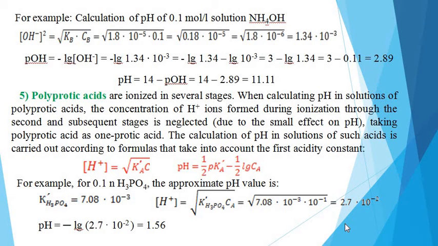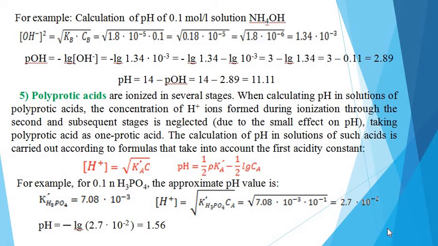Fifth, polyprotic acids are ionized in several stages. So when calculating pH in solutions of polyprotic acids, the concentration of hydrogen ions formed during ionization through the second and subsequent stages is neglected.